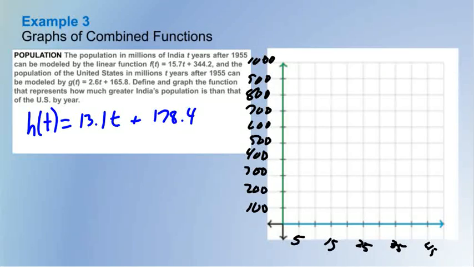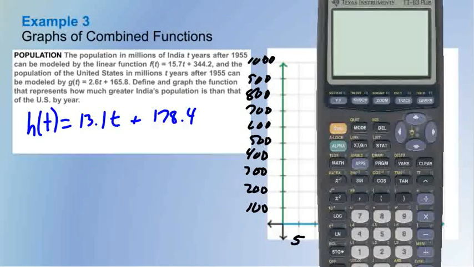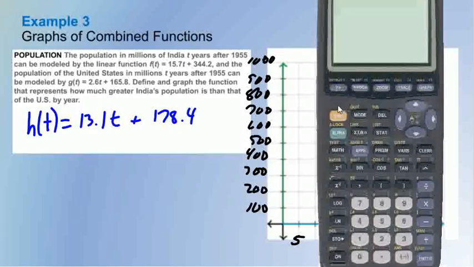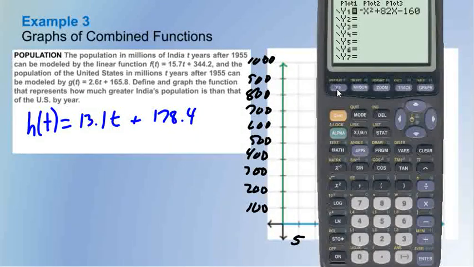Let's use our calculator here. So we'll go to our y equals, type in our equation here. So we got 13.1, and then we'll use x for t, plus 178.4.